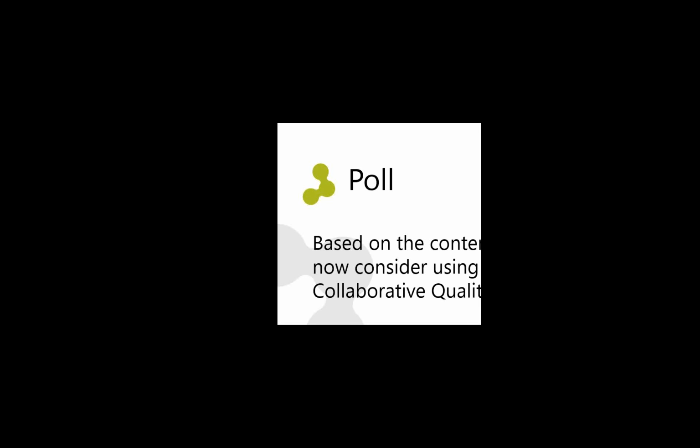Okay, the vote's almost in. 52% of you said yes, you would definitely consider using SharePoint for collaborative quality or business intelligence, and 48% said potentially. Nobody actually said no.